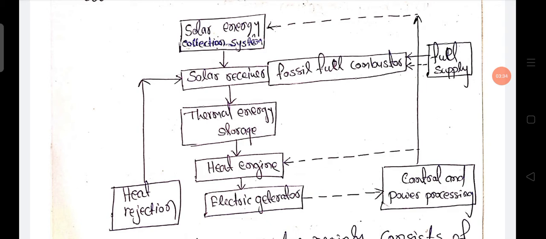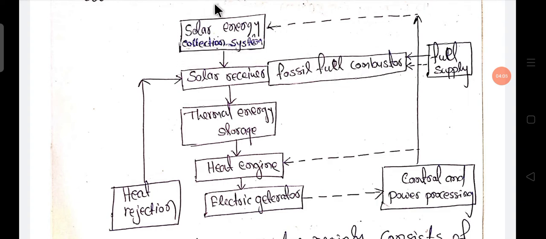To convert the solar energy into thermal energy, we should first collect the solar energy, and then convert the collected solar energy into thermal energy. So first of all, we should collect it by using a solar energy collection system. This is the process.